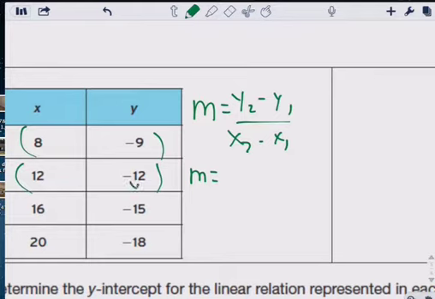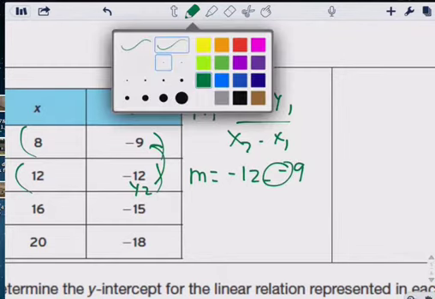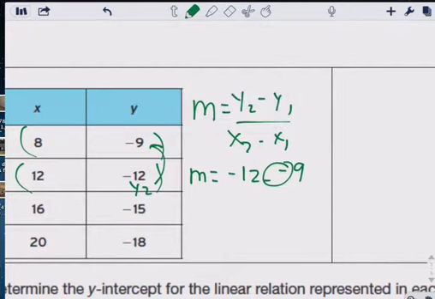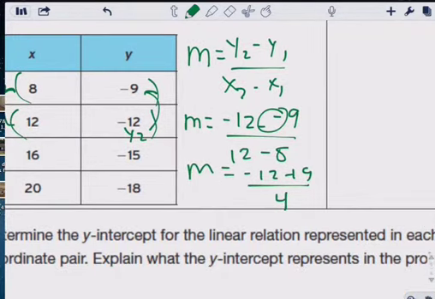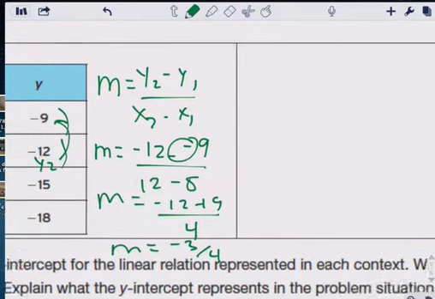Okay, y2 is right here and y1 is up there, so negative 12 minus a negative 9. That changes, remember. Okay, and then 12 minus 8 for these two right there. M then equals negative 12 plus 9 over 4. That's M equals negative 3 over 4.